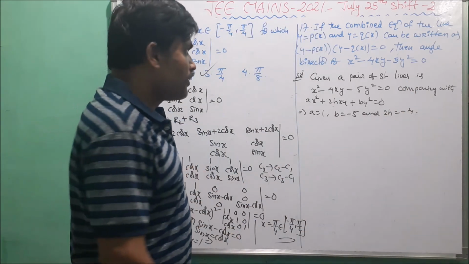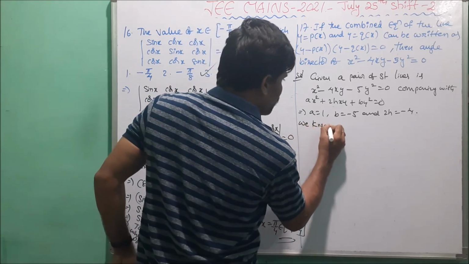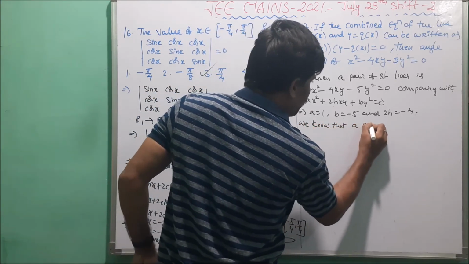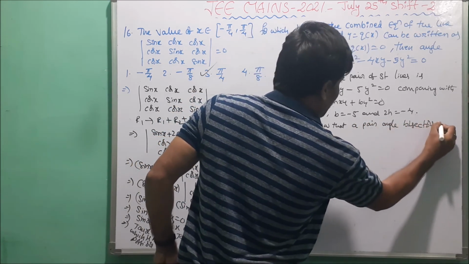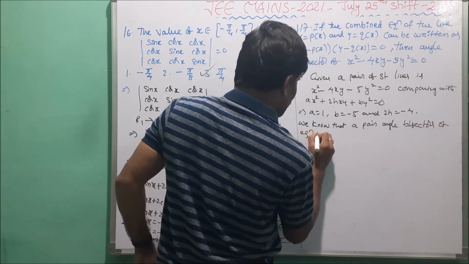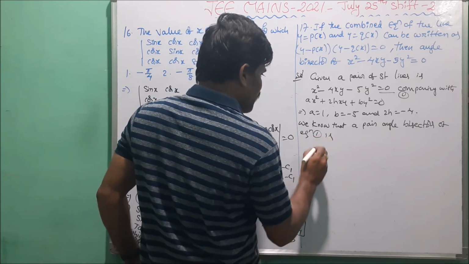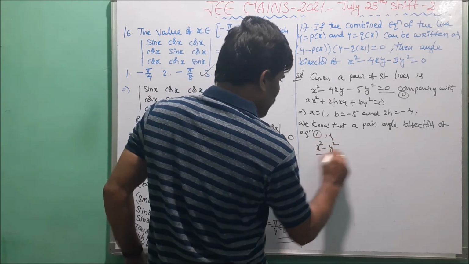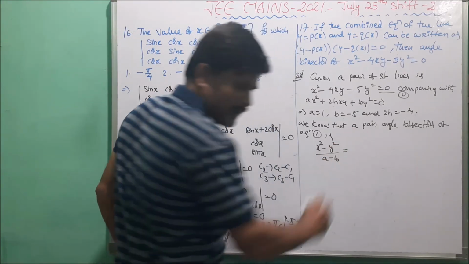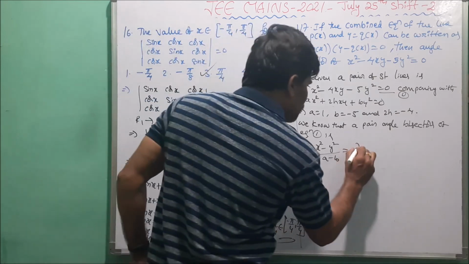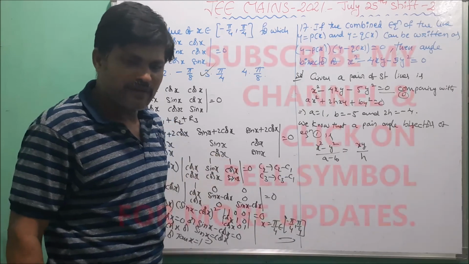Here using the angle bisector line formula, we know that the pair of angle bisectors of equation 1 (let it be taken as equation 1) is given by the formula x square minus y square by a minus b equal to xy by h.